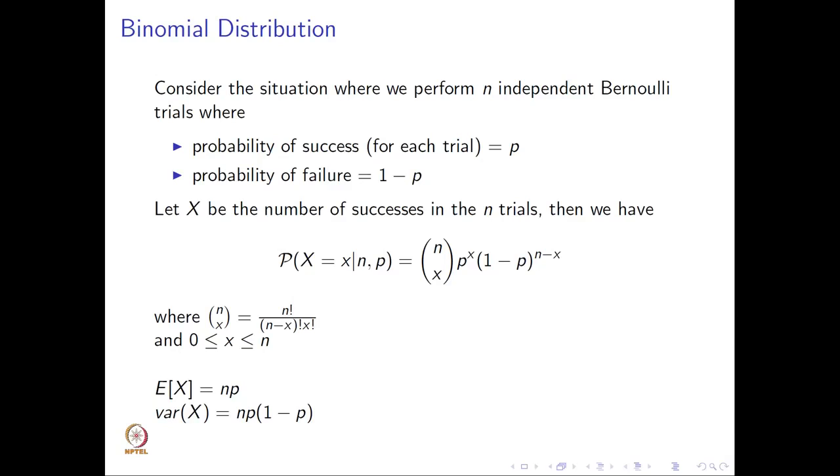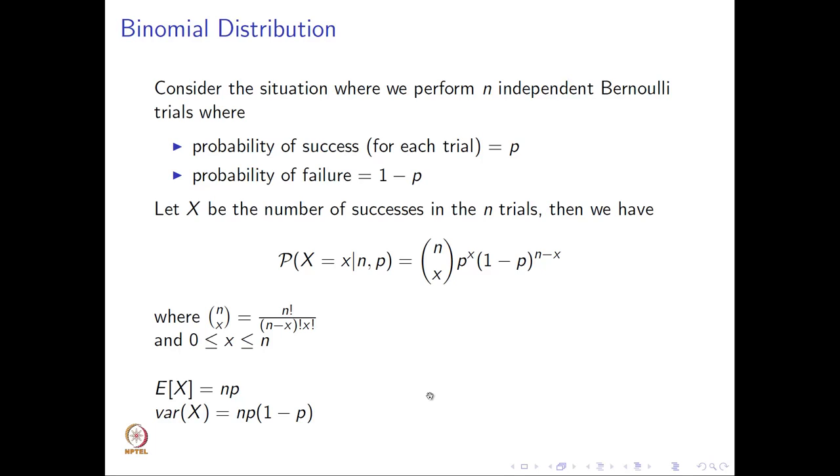Then we have the probability that the random variable x will take on a specific value of small x given the parameters n and p equals n choose x, that is the number of combinations of observing x successes in n trials, into p raised to the power x into 1 minus p raised to the power n minus x. Note that here x is going to be a number between 0 and n.